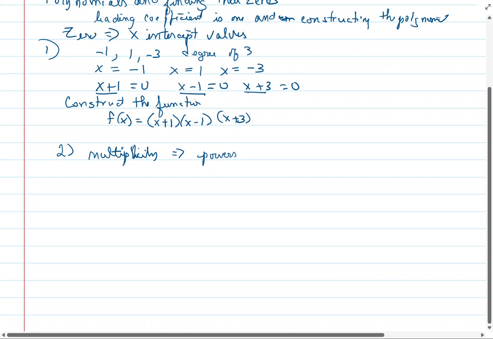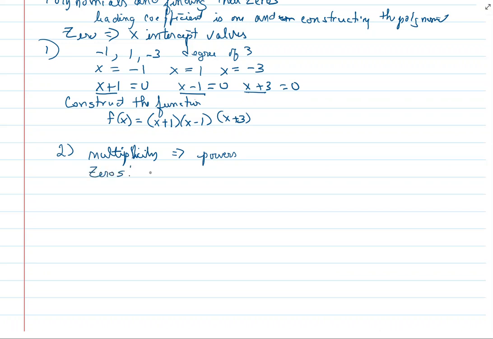So on this one, we have zeros that are 2 with a multiplicity of 2, and -2 with a multiplicity of 2, and a degree 4. We can see that the multiplicities of 2 and 2 give us 4 as the degree.